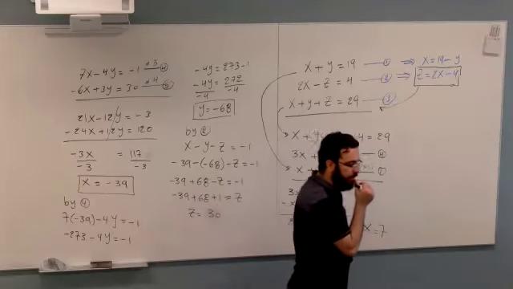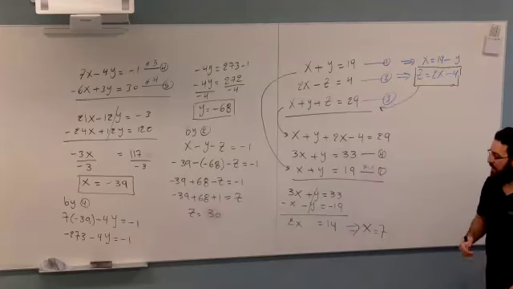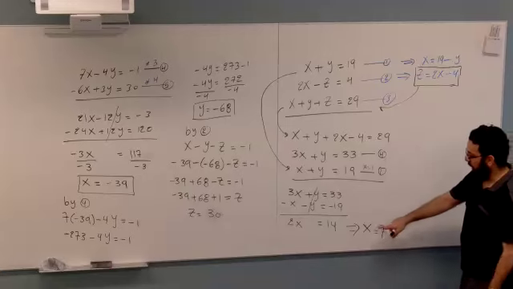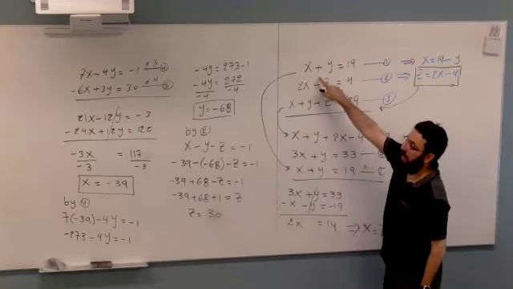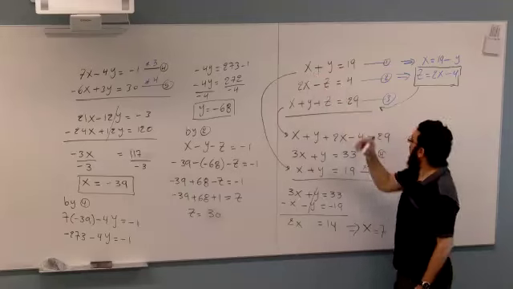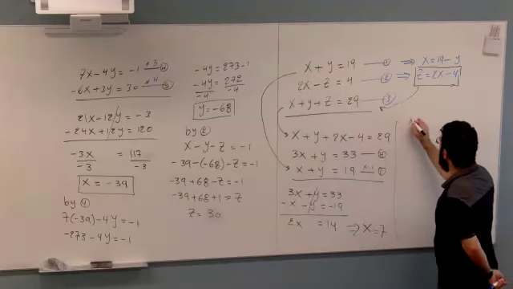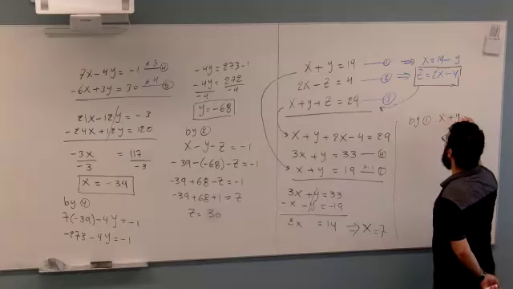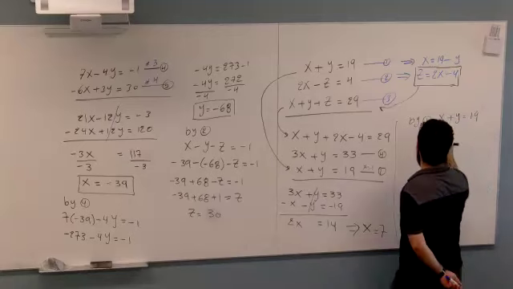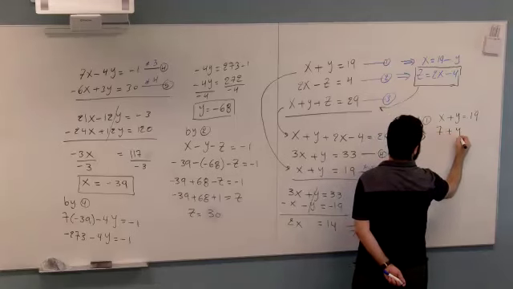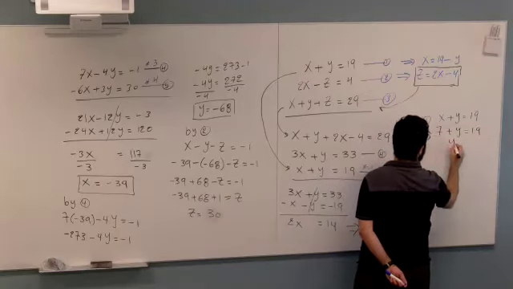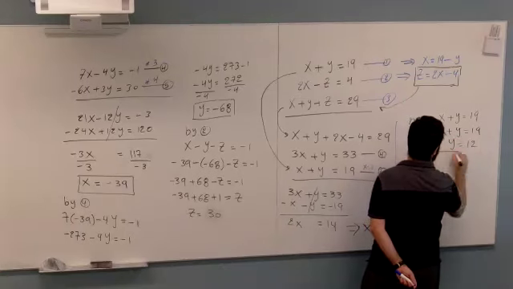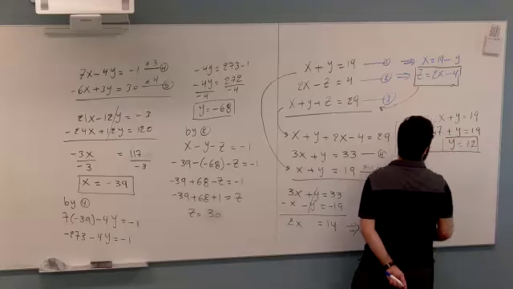Now I have the value of x which is equal 7. How am I going to find the y? Plug back in. You're going to plug in here, number 1. x plus y equal 19. x is 7 plus y equal 19. y equal 19 minus 7. So here's the value of y.